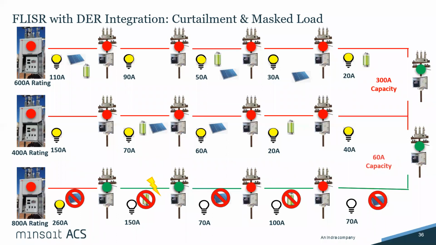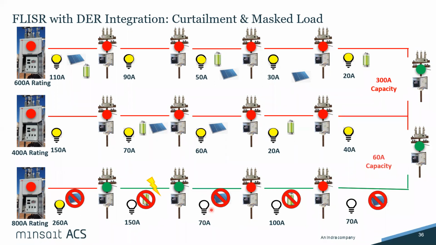So the next step in the process would be, if we have direct communication with the inverters or have some metering data, we will need to know how much all of these DERs that are now offline were generating prior to that faulted condition, because we need to account for that. Instead of the 70 amps, that was just the net load and there was some masked load in there.